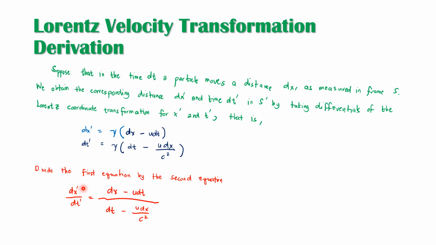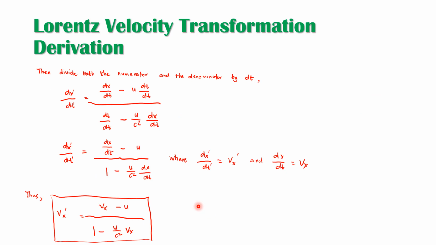So we have dx prime divided by dt prime is equal to dx minus u dt divided by dt minus u dx over c squared. Notice we can cancel gamma out since it is present in both the numerator and the denominator. After this, we divide the numerator by dt and the denominator by dt.